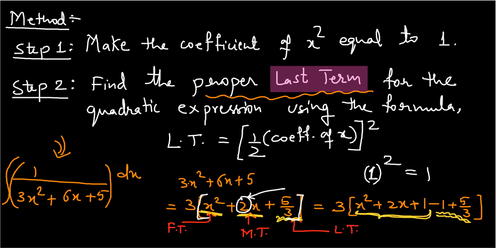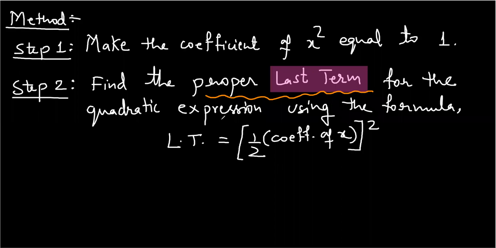I have explained these 2 steps very clearly. After the first 2 steps, all the steps will be much clearer when we take a problem, so you shouldn't be worried.